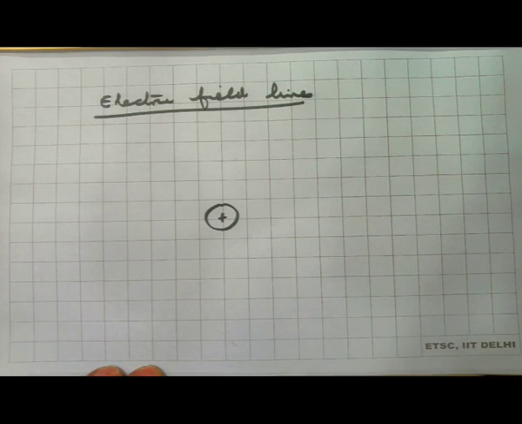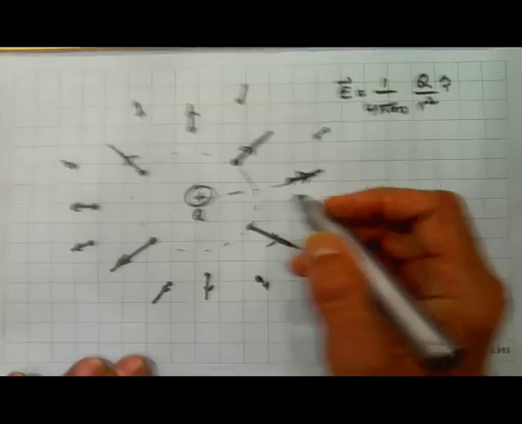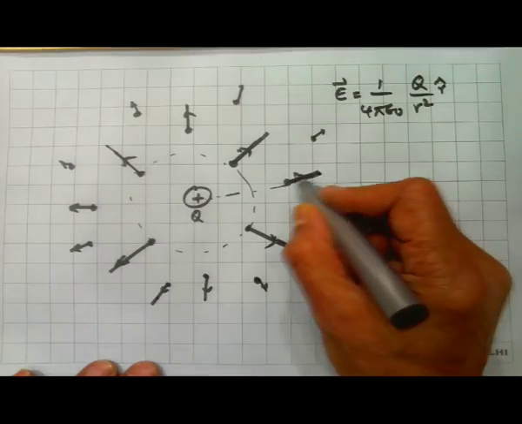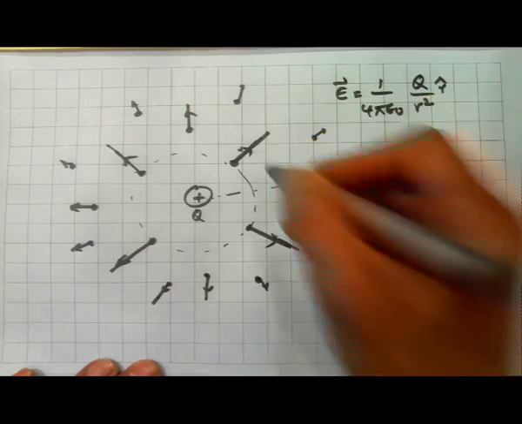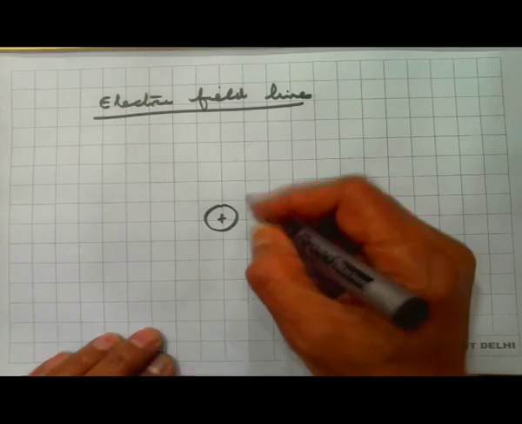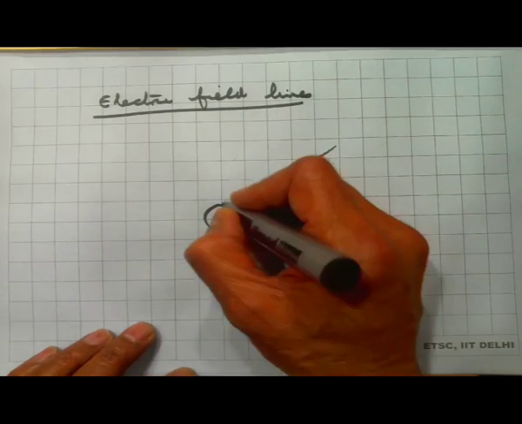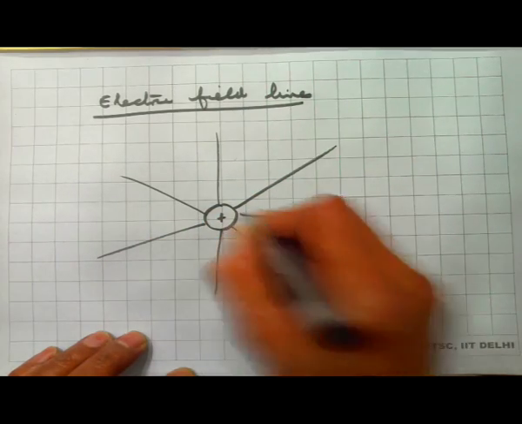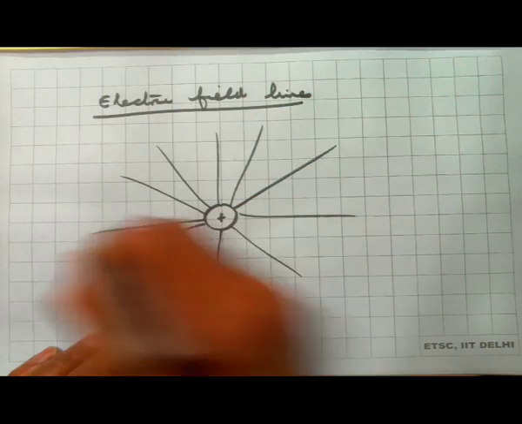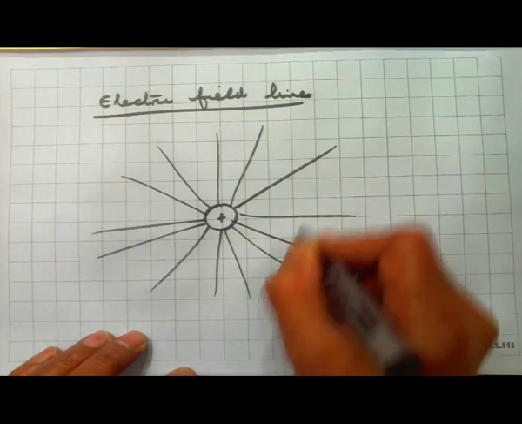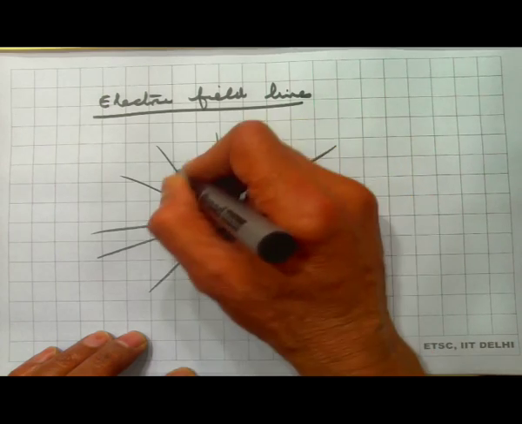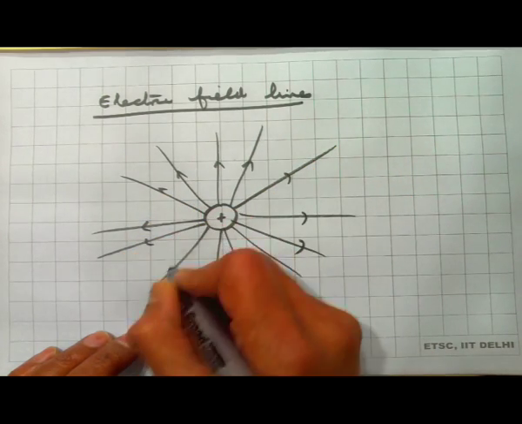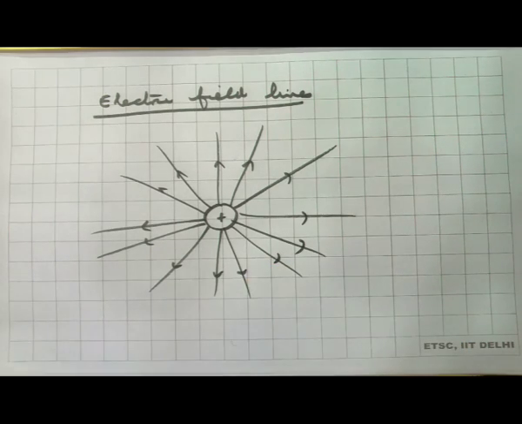and we forget about the magnitude of the electric field, because here what I was trying to do is to draw vectors of length equal to the magnitude of the electric field. But let me try to draw another figure and then I will interpret this. I will draw for a positive charge, I draw electric field lines like this. I draw continuous lines now.